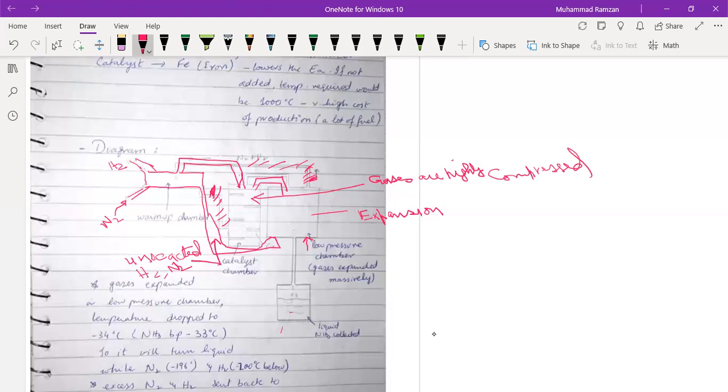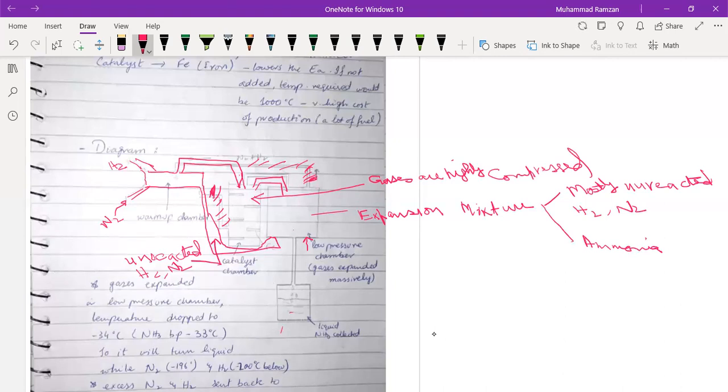This is basically a mixture, and mostly it is unreacted H2 and N2, because its value of Kc or Kp is low, and a small percentage is ammonia.